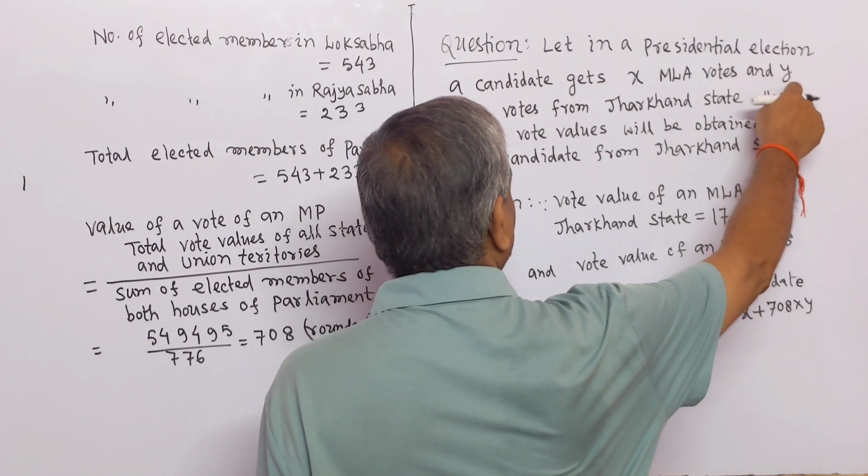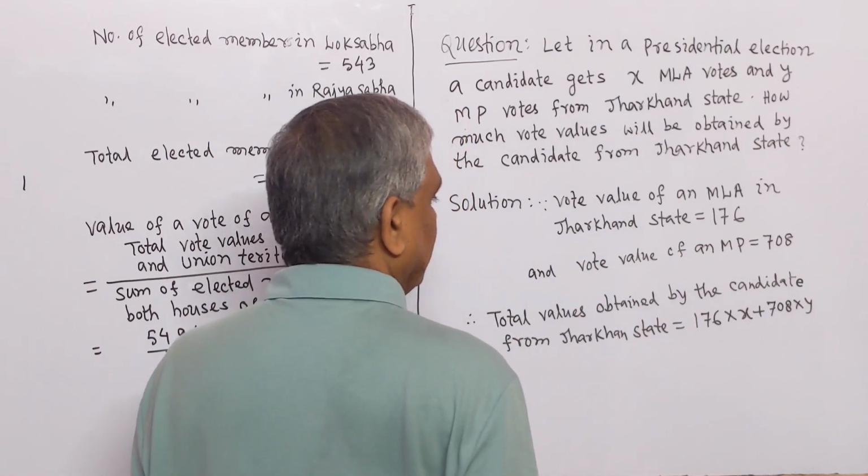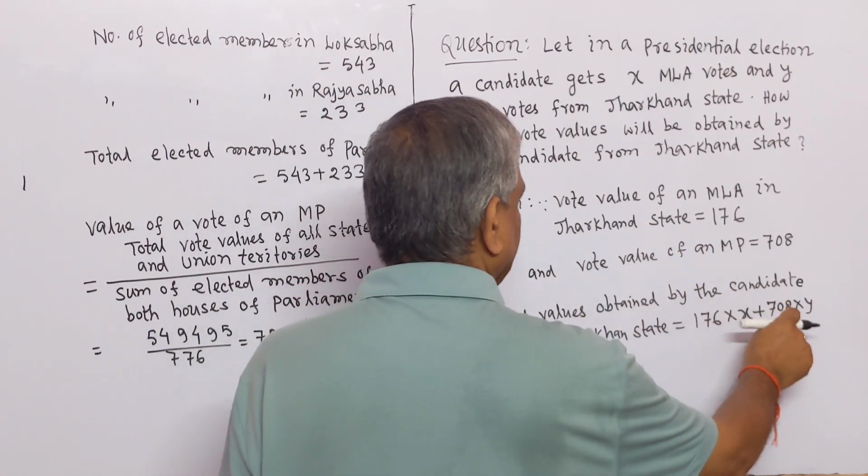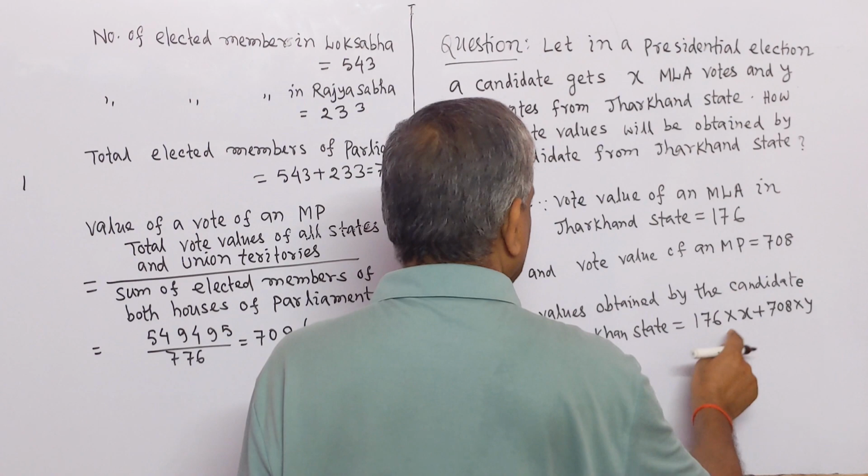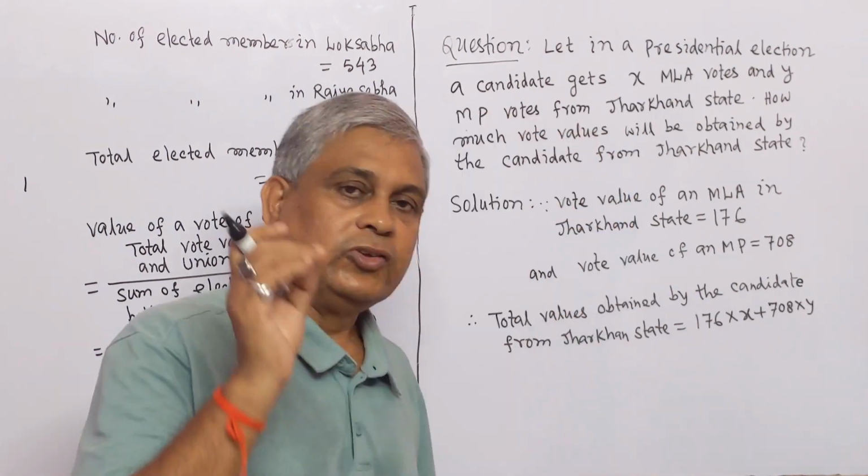Here Y number of MPs cast vote to the candidate. So this is the answer.